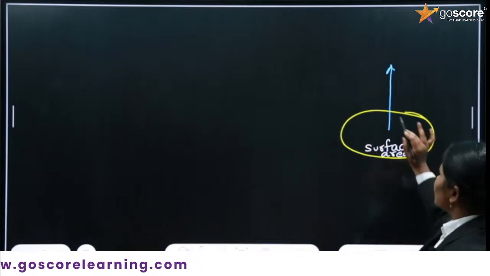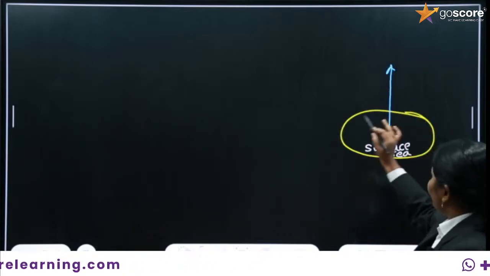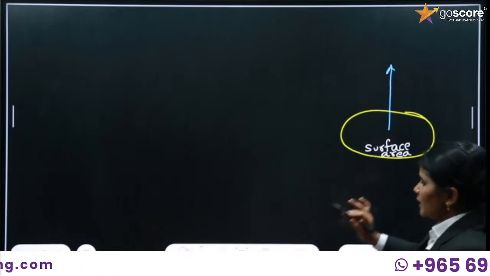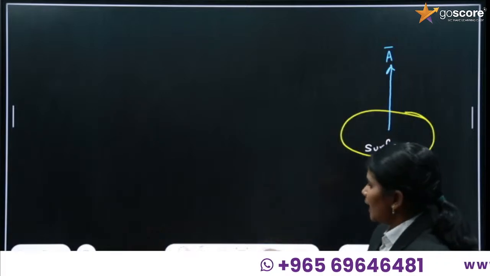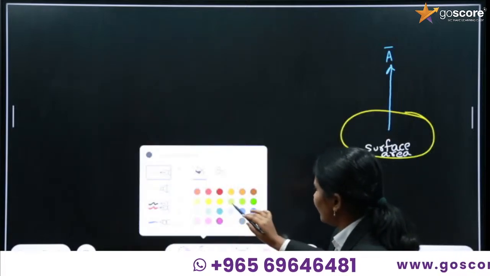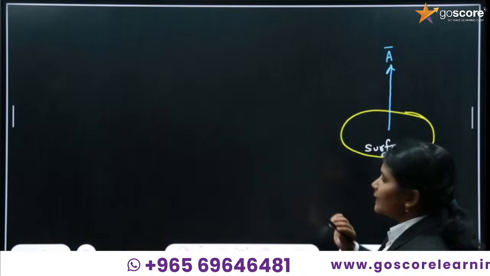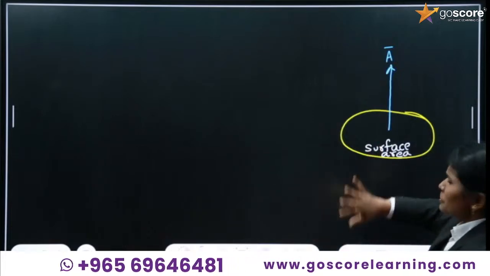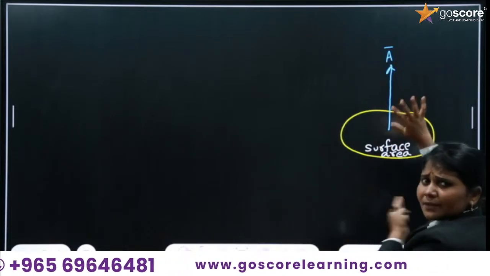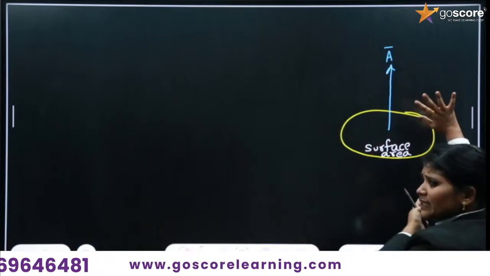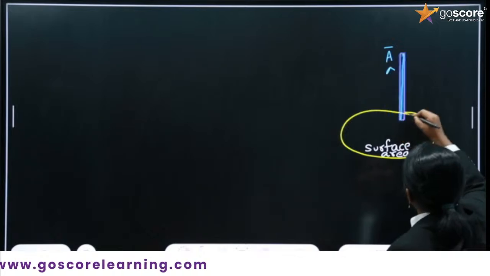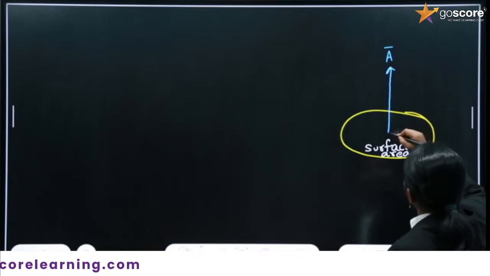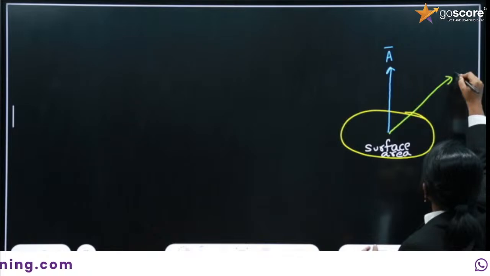Then I am taking magnetic field lines. So many magnetic field lines are passing through this area, and from those I am taking one magnetic field line in this direction.